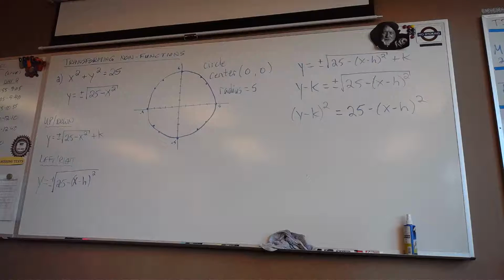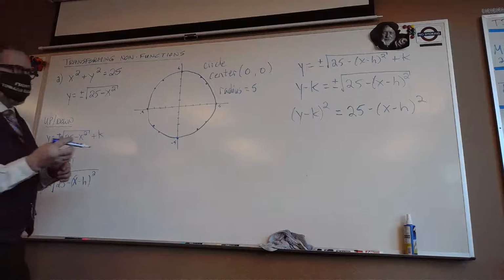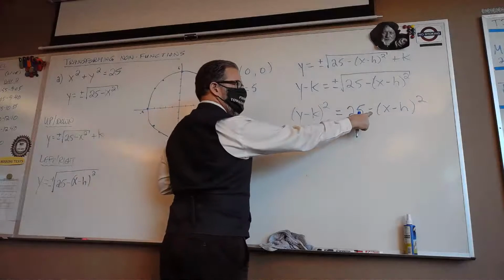Now what? I want the x's and y's on the same side. What am I going to do? Anybody? x's and y's on the same side. Right now I've got y's on one side, x's on the other. What can I do? Willem? Minus (x minus h)... Minus? Or add (x minus h) squared.